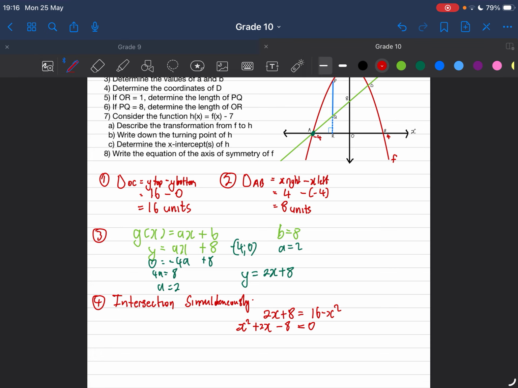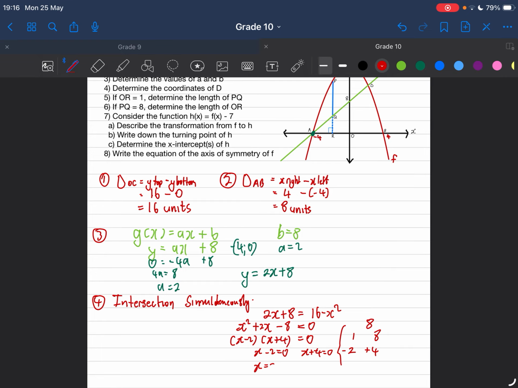And then you have to factorize your trinomial. So the factors of 8 are 1, 8, 2, 4. So you can say plus 4 minus 2. Yeah, so it will be x minus 2 and x plus 4. So x minus 2 is equal to 0, x plus 4 is equal to 0.